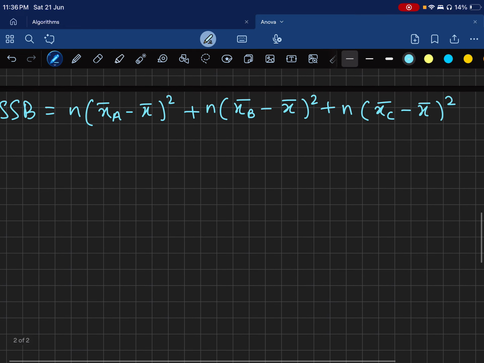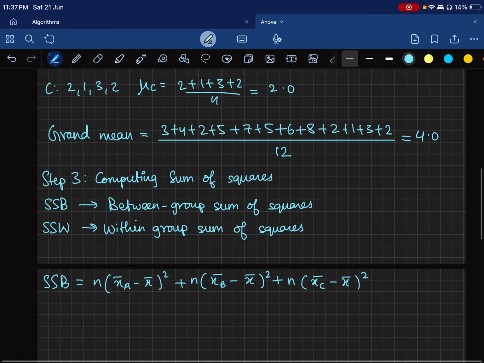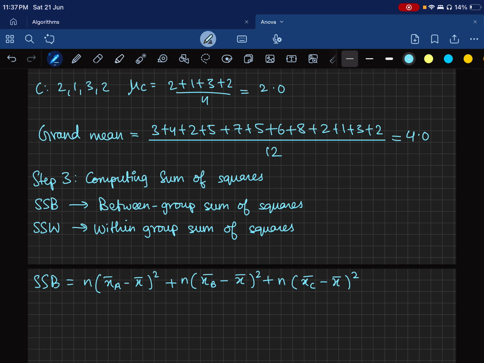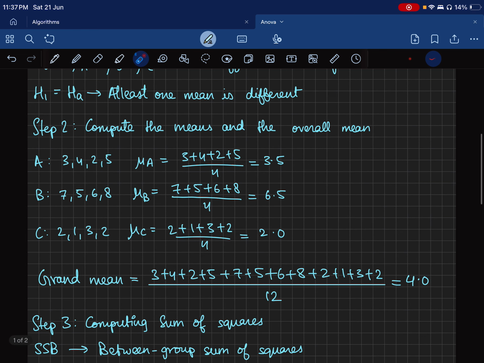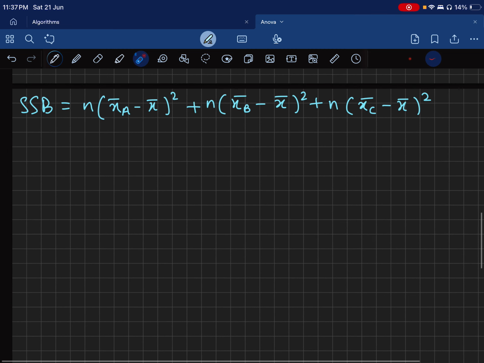Here x bar is the total grand mean, and x bar a, x bar b, and x bar c are the individual means. n is the size of each group, which is 4 in all the cases.